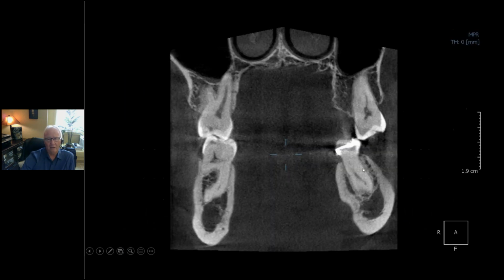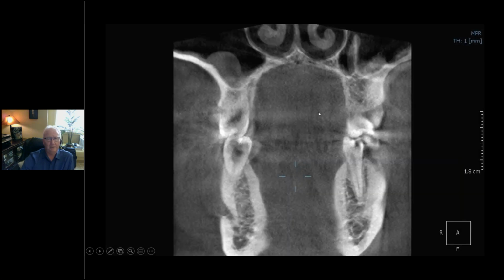You also have a diagnostic responsibility, and this is best illustrated by the following 3 little cases. Here's an 8x8 field of view cone beam machine, coronal section through the first molar regions. You can see a little bit of gray in this right maxillary sinus, a little mucosal change, end of story. Wouldn't even tell the patient about that.